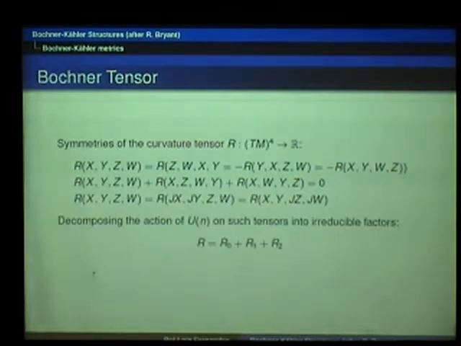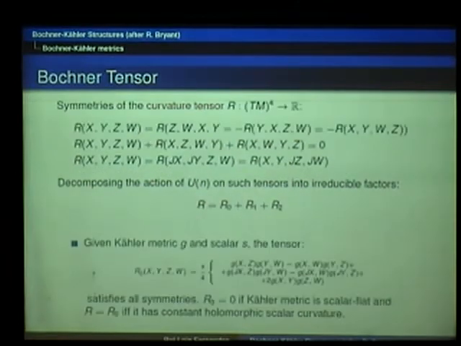And if we pick all tensors that satisfy these symmetries, and we consider the action of U(n) on them, we get a representation of U(n), which we can decompose into irreducible factors, and this gives us a decomposition of the curvature into 3 terms. The first term can be thought of as follows: if you start with a Kähler metric and some scalar S, you can build a tensor out of them that will satisfy all those symmetries, and which is written there.